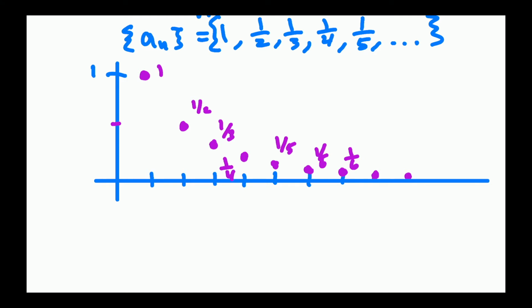I should just change the thickness of the thing so we could actually read it a little better, right? It just goes down and down and gets closer and closer to 0, right?